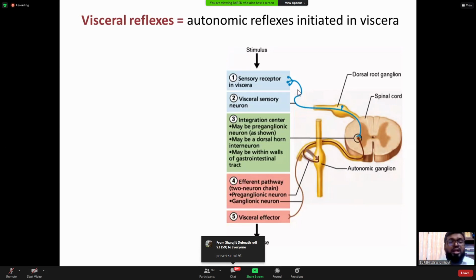So that is visceral pain, and it originates either from the over-contraction of the viscera in the abdomen, like the stomach, or from excessive secretion that is irritating the mucous membrane and causing the pain.